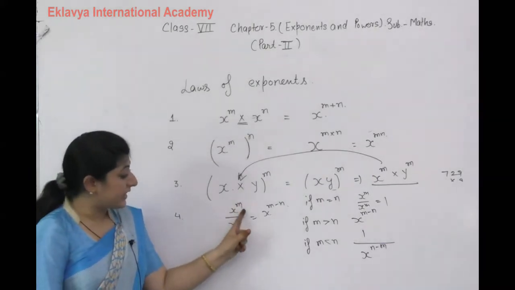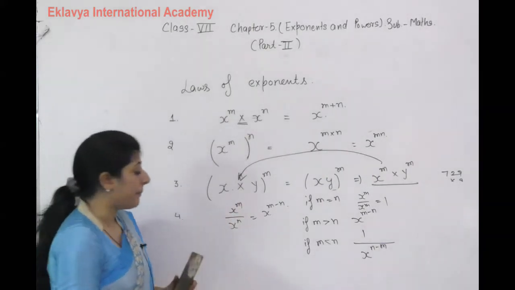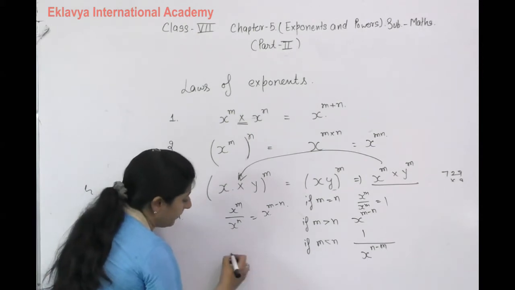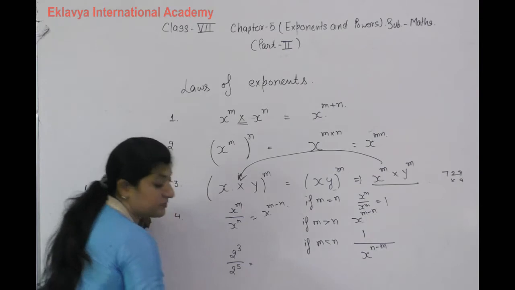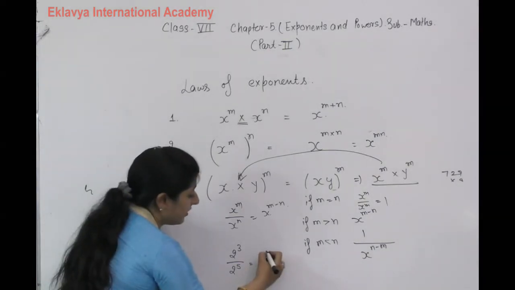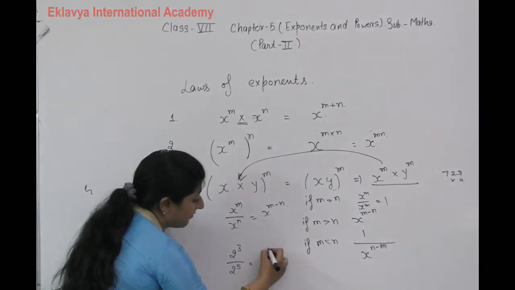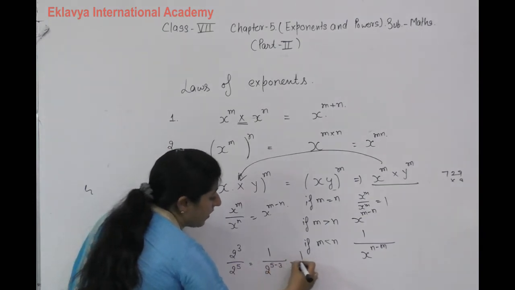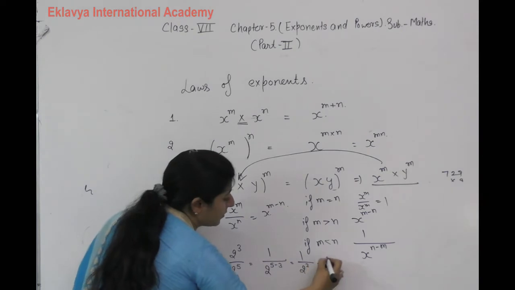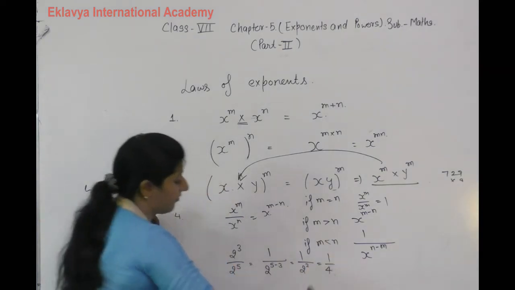Then we take this power downside. Take an example, suppose I write 2 power 3 upon 2 power 5. Then it becomes 1 upon 2 power 5 minus 3, 1 upon 2 power 2, which is equal to 1 upon 4.